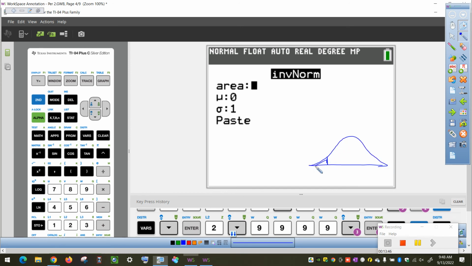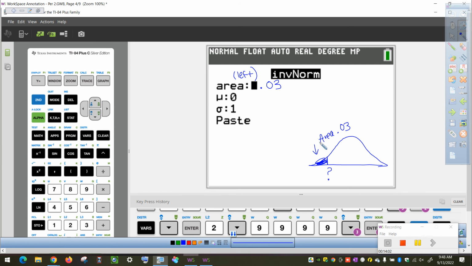It's always going to be the area to the left. Now, for us, this is fine because our shaded region is to the left of the value that we're trying to find out. So we are going to type in 0.03, because our percent to the left of that value is 3%.